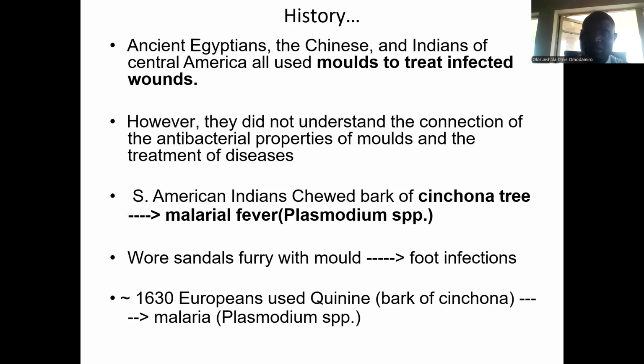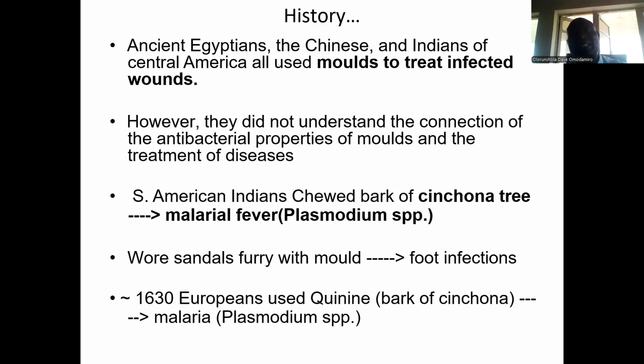However, they did not understand the connection between the antimicrobial property of the mold and the treatment of the disease. Some South American Indians chewed the bark of the cinchona tree, especially for the treatment of malaria fever, caused by Plasmodium species: Plasmodium falciparum, Plasmodium malariae, Plasmodium ovale. Wounds were treated with mold for infection.